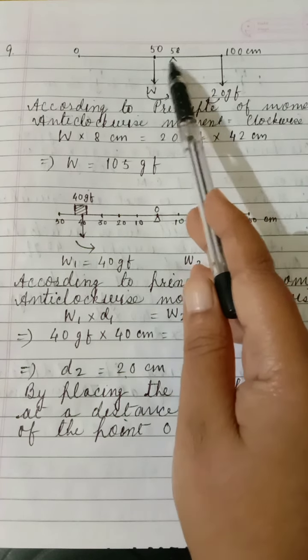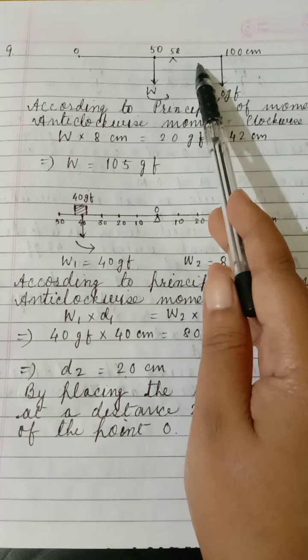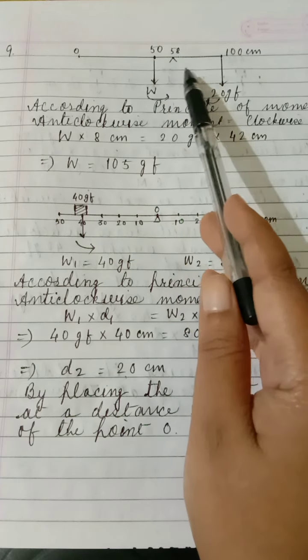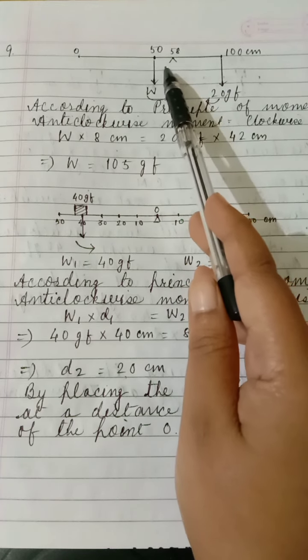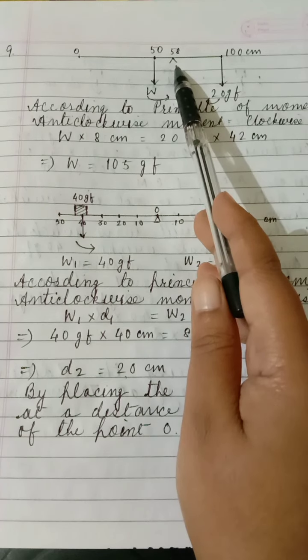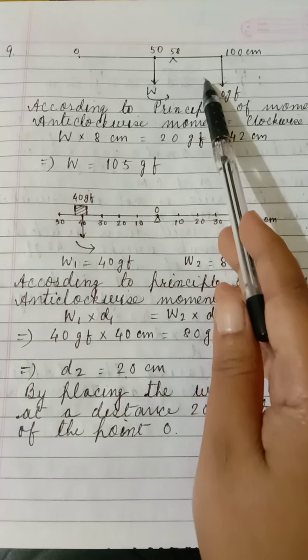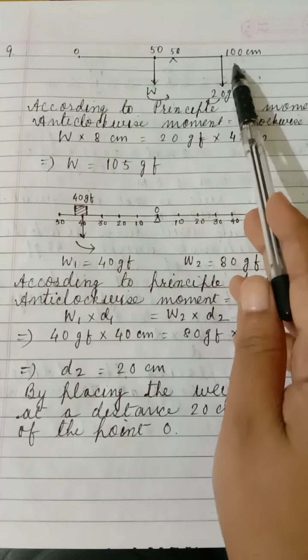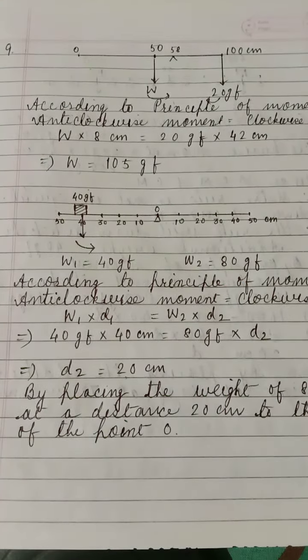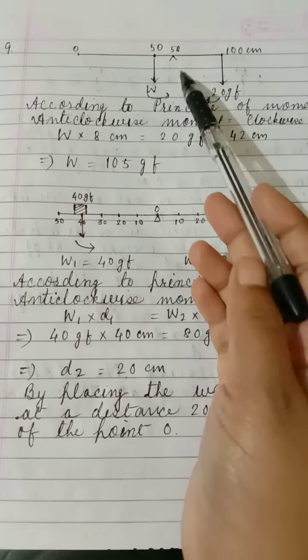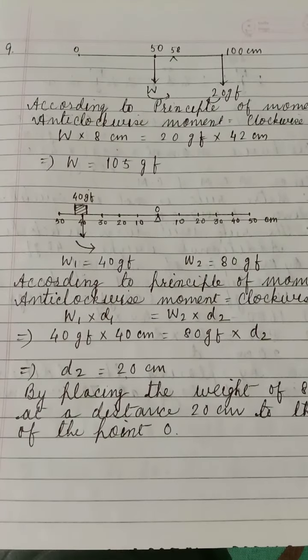This diagram is very important and we have to understand how to draw it. The uniform meter rule balances horizontally on a knife edge placed at the 58 centimeter mark, when a weight of 20 GF is suspended from one end. Then only it is balanced at the 58 centimeter mark.